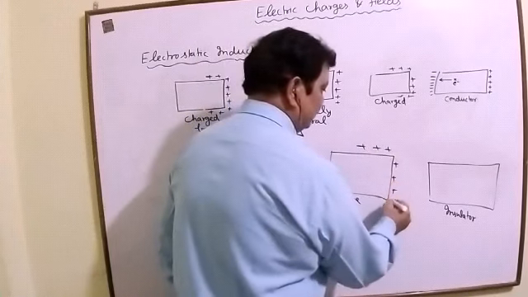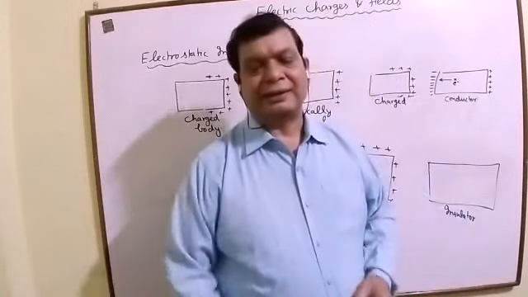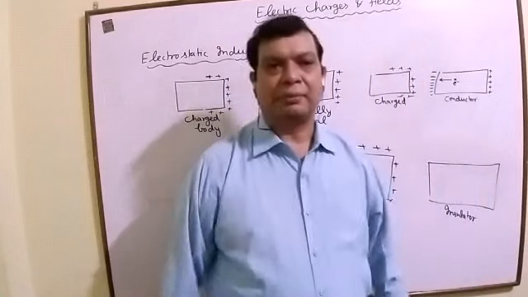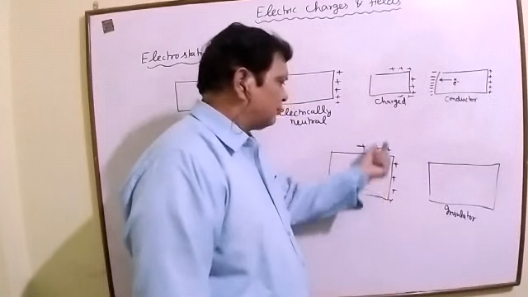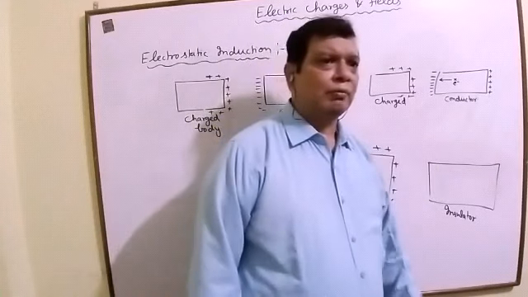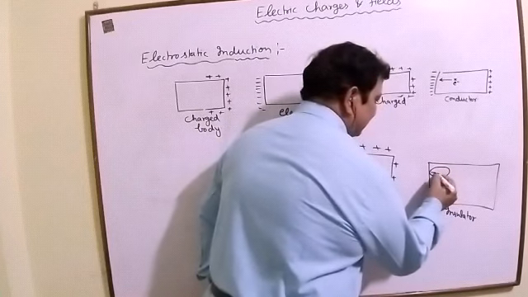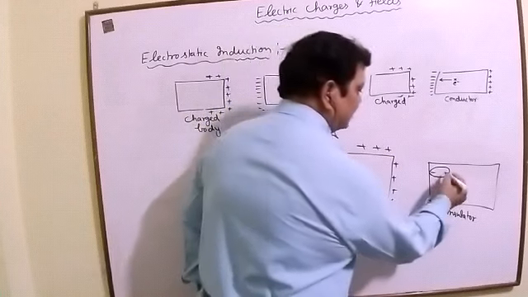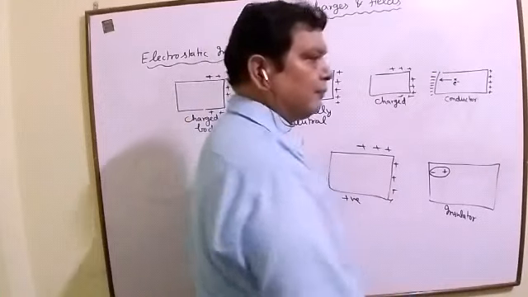As it is an insulator, in which I have told you that positive and negative ions are tightly bound, or the electrons are tightly bound with the nucleus, because of the presence of this positive charge within the molecules, what happens? The negative ions are slightly shifted towards the positive charge, while the positive ion is shifted away from the positive charge because of the repulsion.